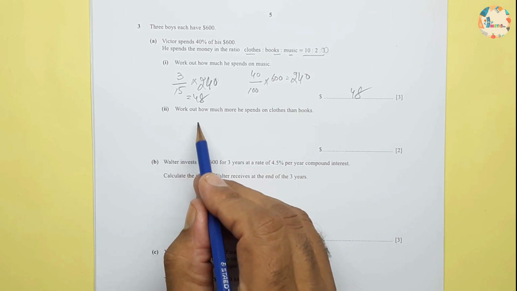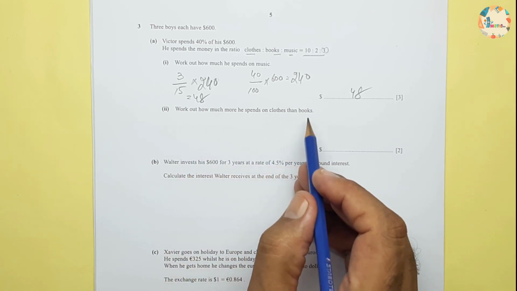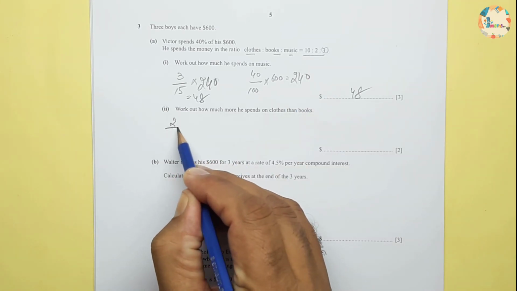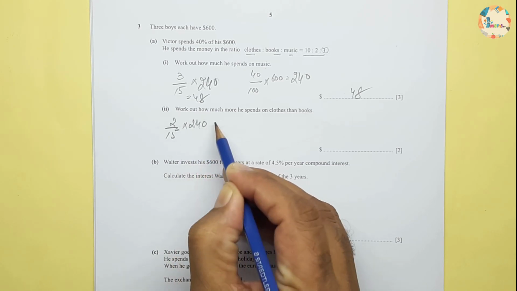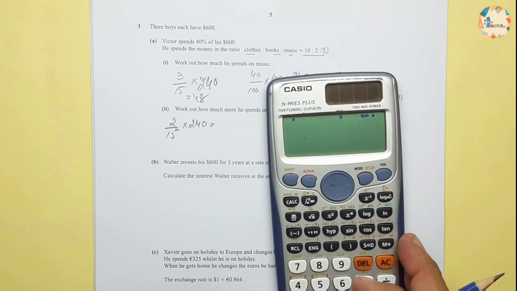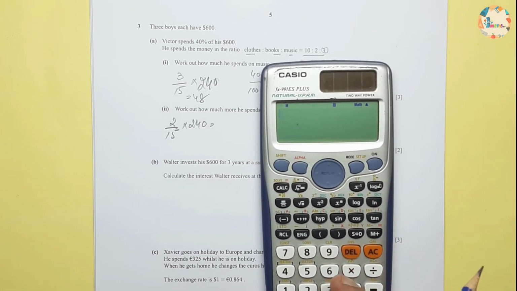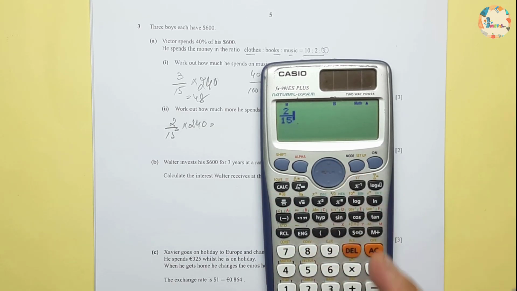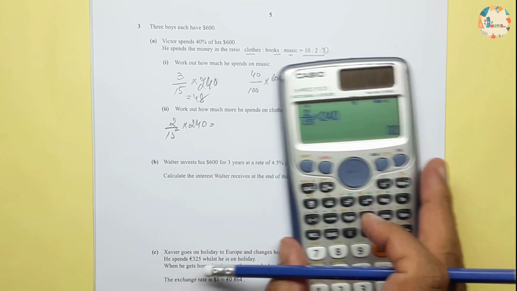Second part, work out how much more he spends on clothes than books. So books is 2 by 15 of the total spending, which is 240. This one we can calculate. So 2 divided by 15 and multiply by 240 will be equal to 32.